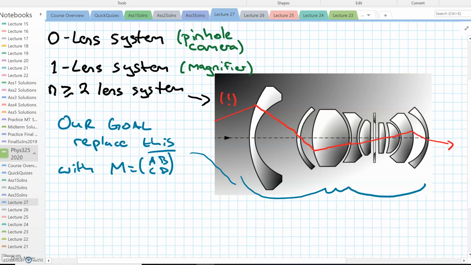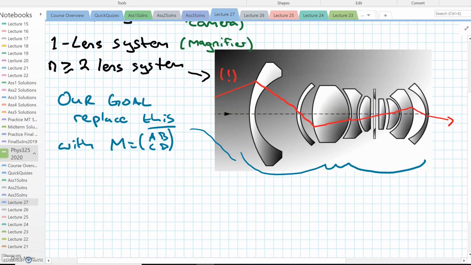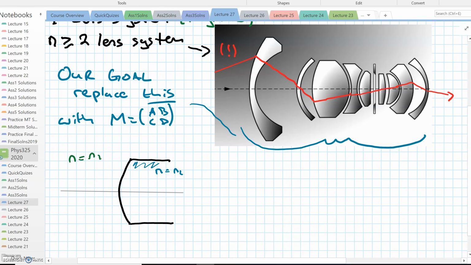So let's break this down to the fundamental physics of what's happening every time we look at this system. Let's draw a generic surface. What we have here is index n1 on one side, index n2 on the other side, and they're separated by an interface between them, which is some surface with some radius of curvature.